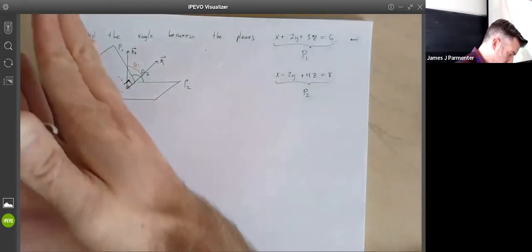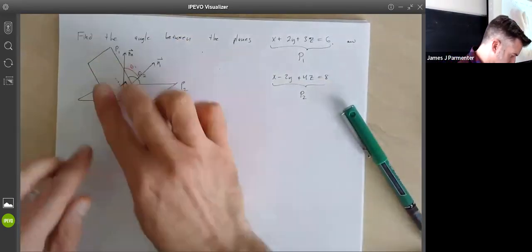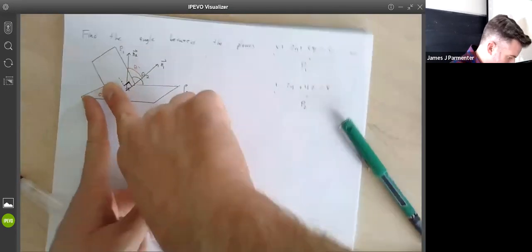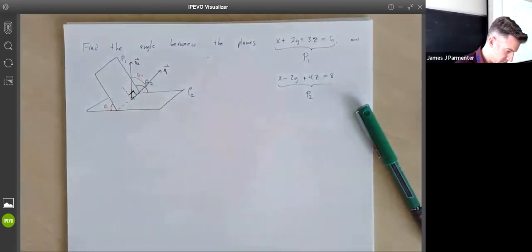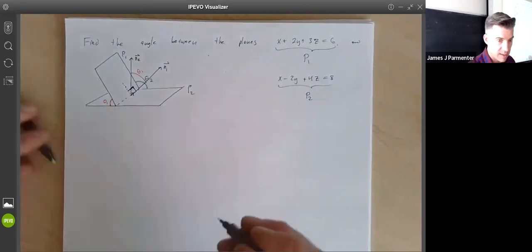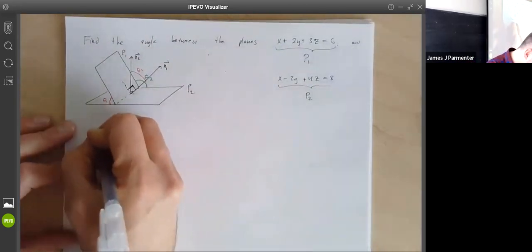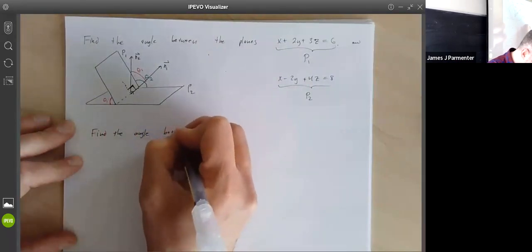I've taken that angle there and just rotated it 90 degrees. So now it's that angle there. Sorry, I'm rotating the paper instead of the picture. So finding the angle between two planes becomes pretty straightforward, because all we have to do is find the angle between the two normal vectors.